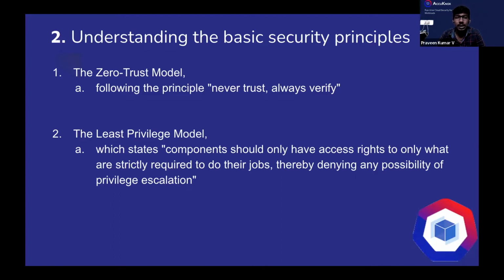The next one is the least privilege model. When we use a component with the least privileges, we can reduce the attack surface and reduce privilege escalations. That's why we want to recall the basic security principles.